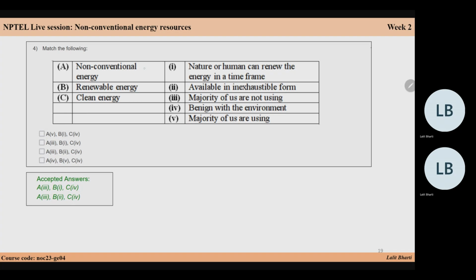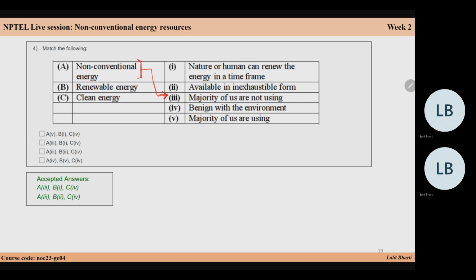So we can say that for non-conventional energy, most of us are not using it till now, and mostly fossil fuels and conventional energy sources are used.